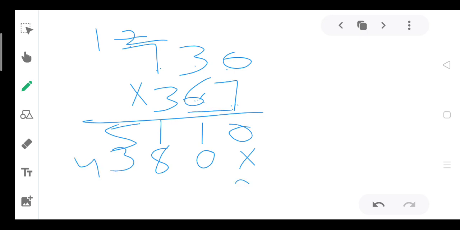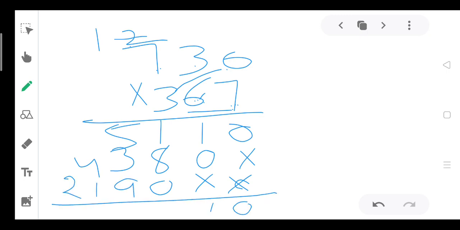Now the hundreds place to multiply, so ones place 1 cross, tens place also 1 cross. Now 3 zeros are 0, 3 threes are 9, 3 sevens are 21. Now we will add it: 0, 1, 9. 9 plus 3, 12 and 5, 17, 1, 4, 5 and 1, 6, and here 2.